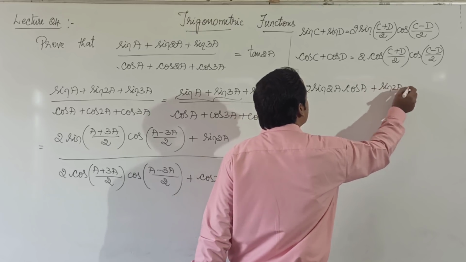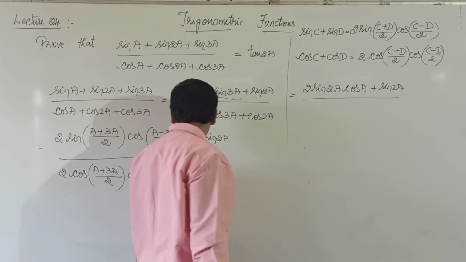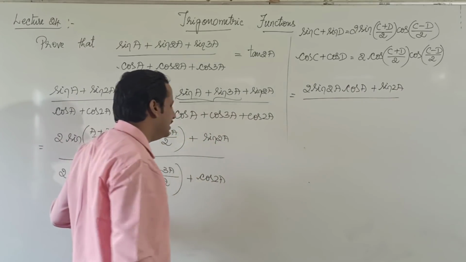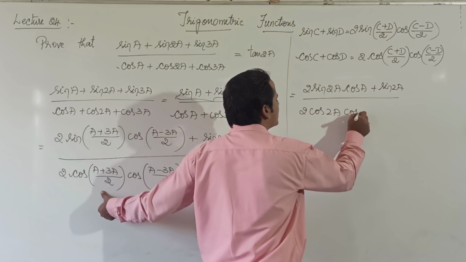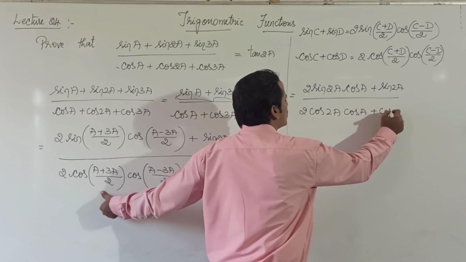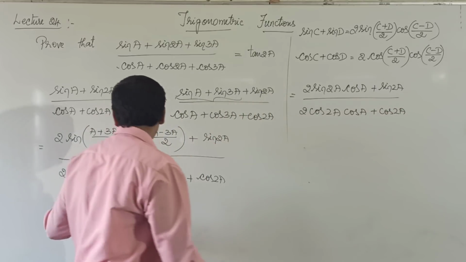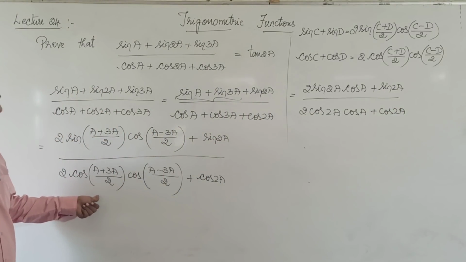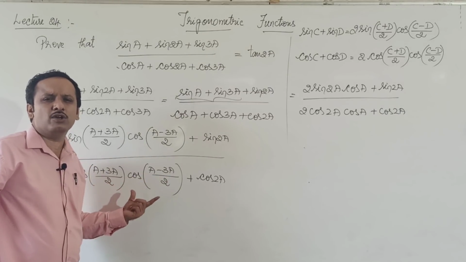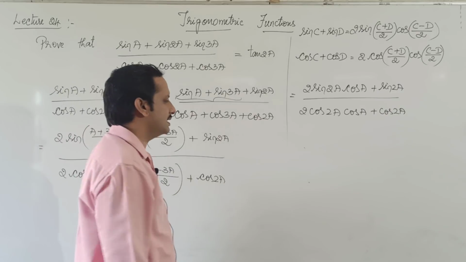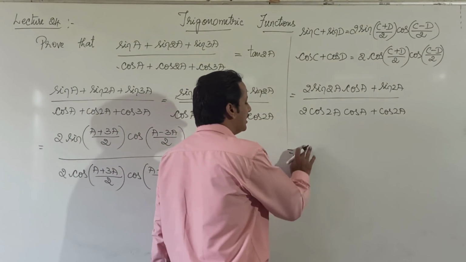I will keep it as it is, divided by, in the denominator, 2 cos 2A into cos A + cos 2A. Look here, A plus 3A, 4A by 2 will give you 2A, A minus 3A is minus 2A by 2, that is minus A, and cos of minus A is equal to cos A. Then, look at the numerator.